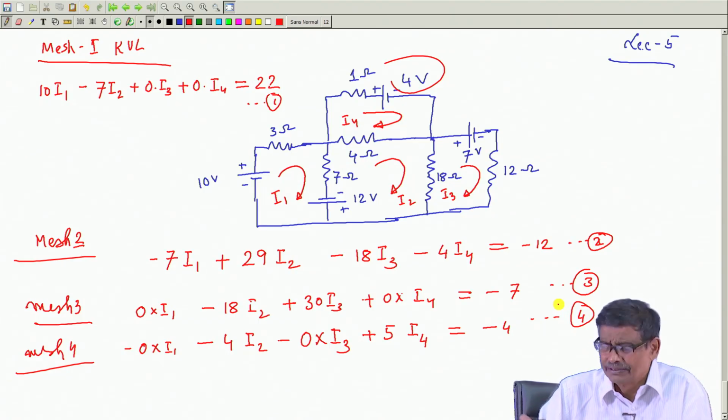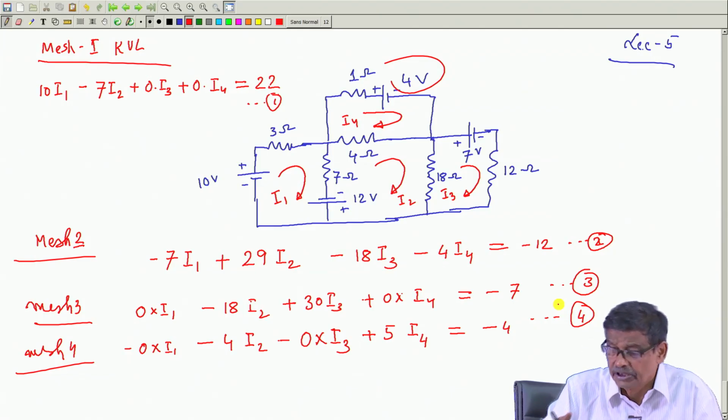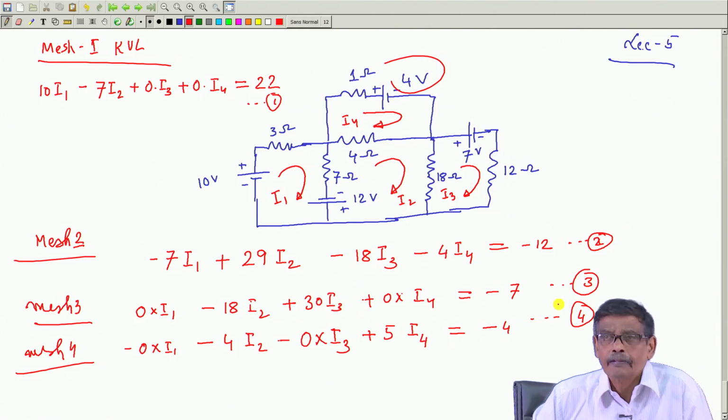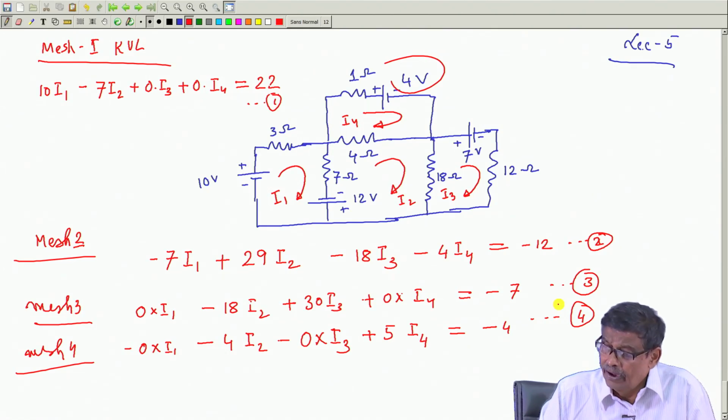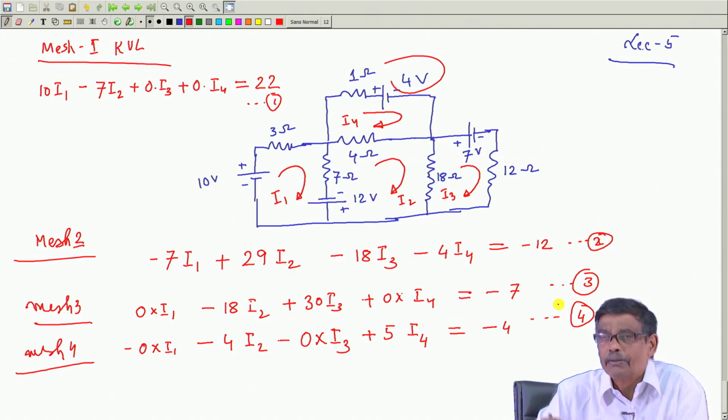I am not discussing how to solve these equations. Okay, algebraic equations, 4 unknowns, Cramer's rule, this that you apply, or go on reducing the number of variables, this that you do, you get this. At the end, all the mesh currents you will be getting, and it may so happen that one of the mesh currents becomes negative, say I 3 becomes minus 2 ampere.